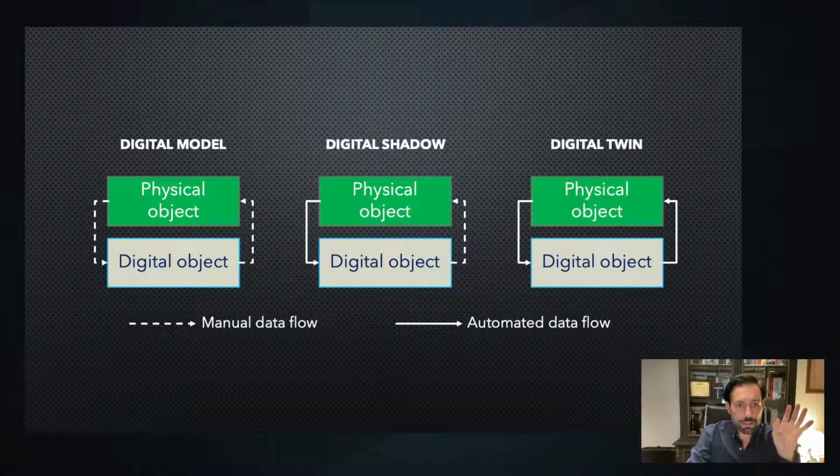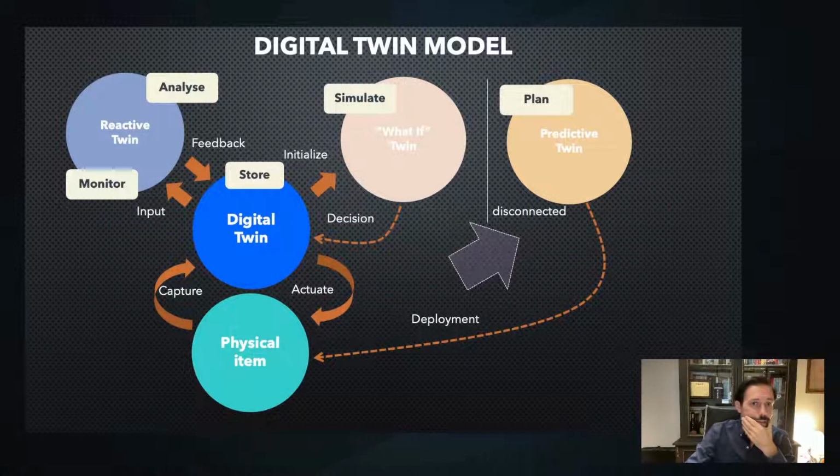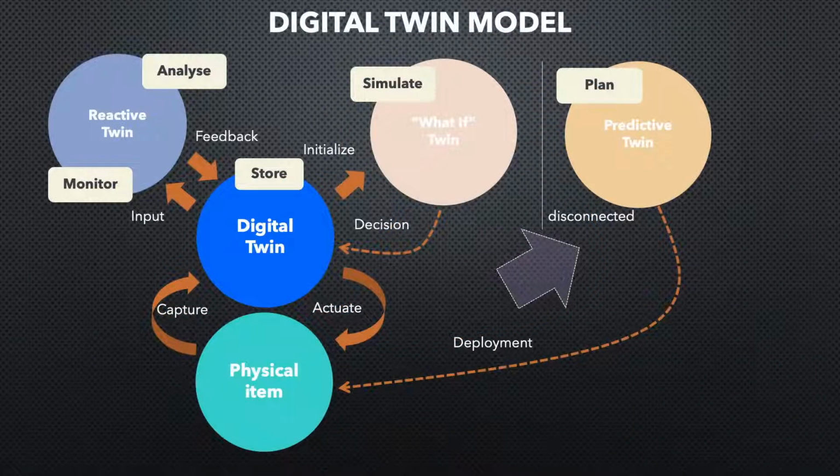What applications can digital twins have? Okay, I wanted to show you this slide. It's a bit ugly. It's not very beautiful, but I think it's interesting to understand the possibilities of digital twin.